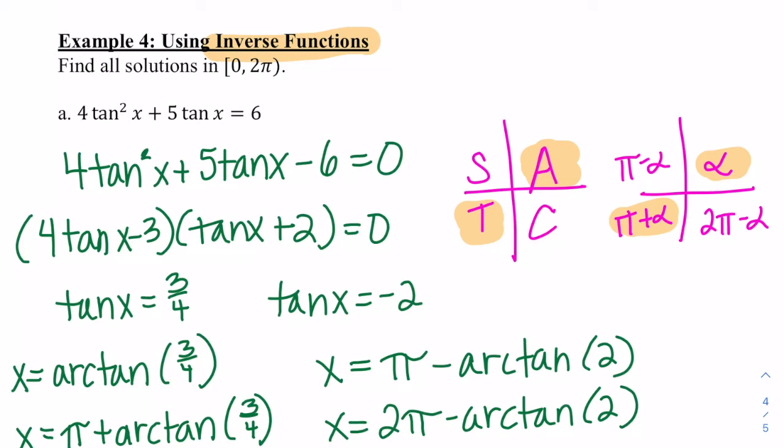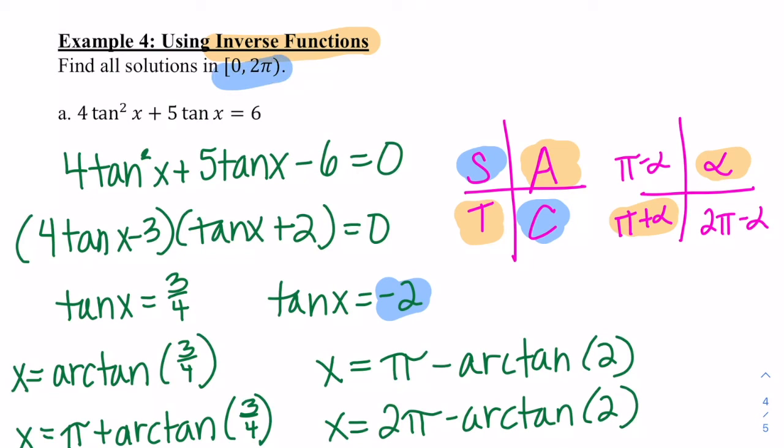Now looking at the next two, we know that tangent is going to be negative in the second and the fourth quadrant. Now what I'd like to do is, if it's tangent of x equals -2, this is going to be a negative. So it's going to have arctangent of 2 as our reference angle, but I'm still going to find those rotations in between 0 and 2 pi.